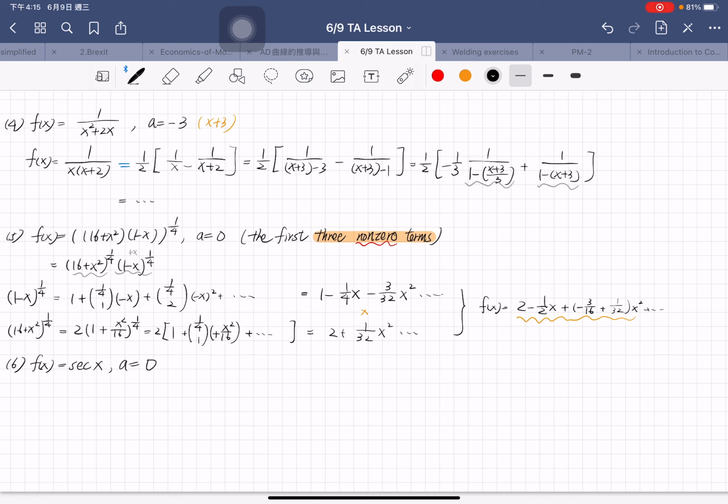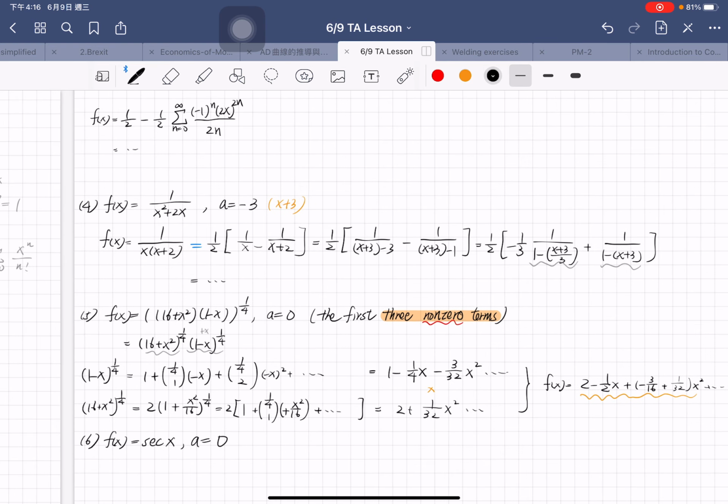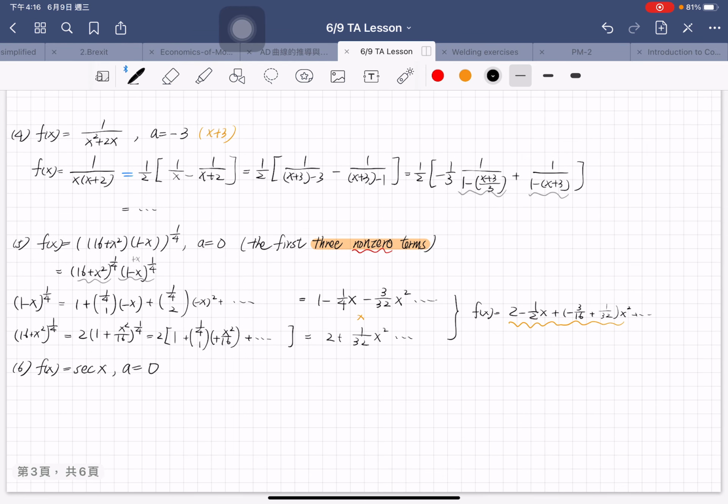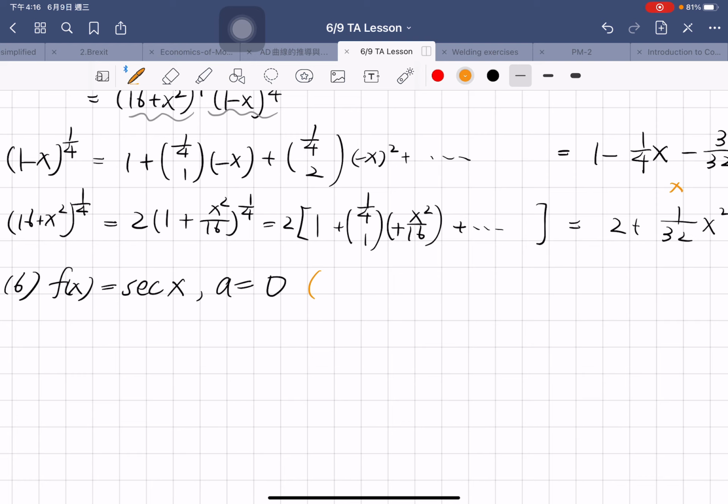Okay, so the 6th question will be our f of x equal to secant x and n equal to 0. These are a similar situation to our 3rd question. So the main idea is, secant is equal to 1 over cosine.